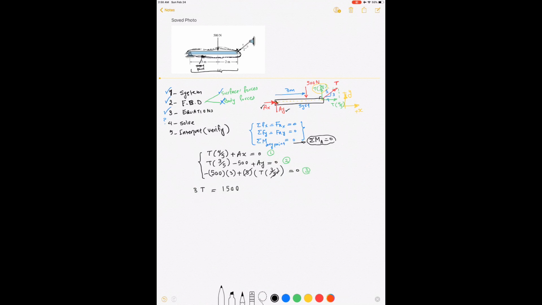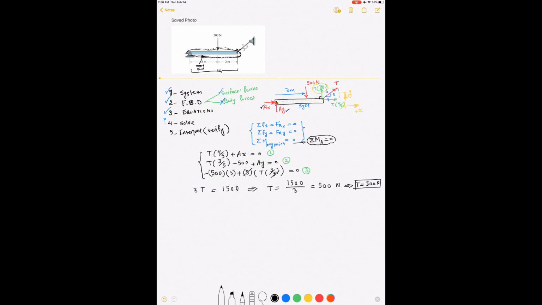So that's what you get, and then T is equal to 1500 divided by 3, which is 500 Newton. So this is the tension in the cable if your system stays at equilibrium, which is the subject of this problem.